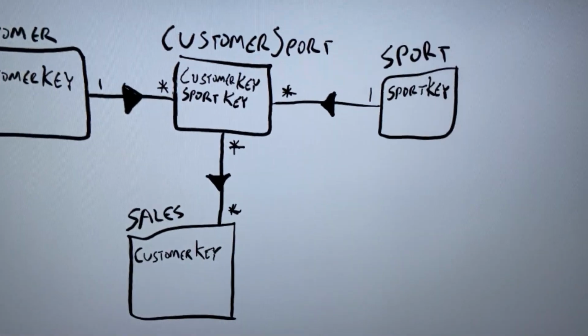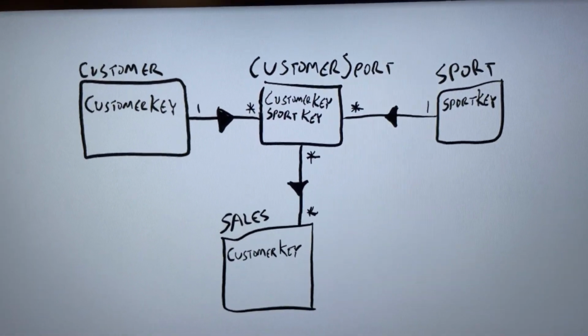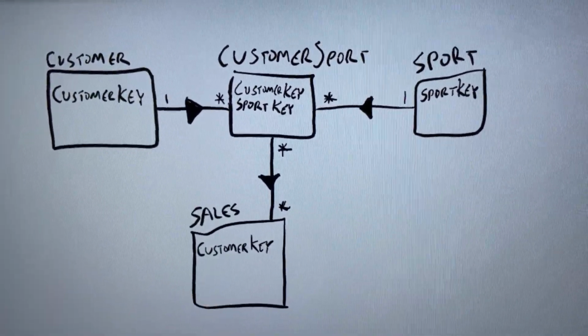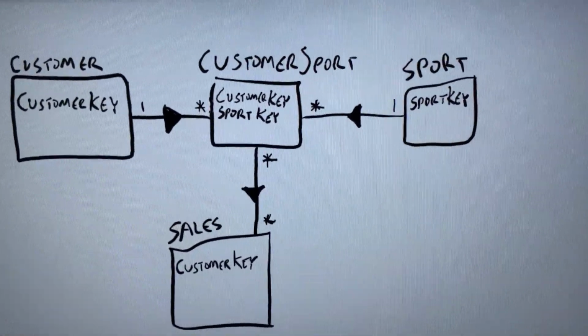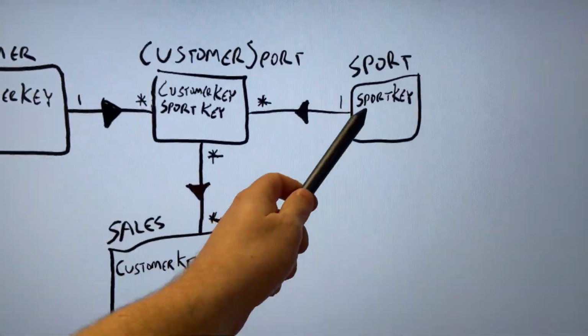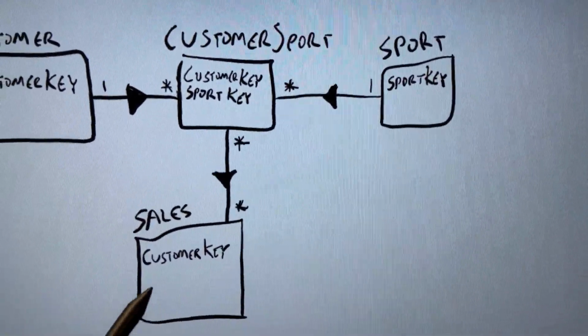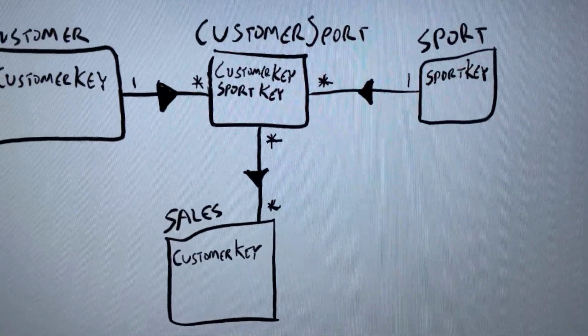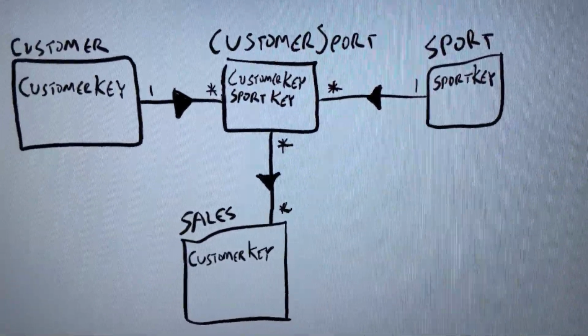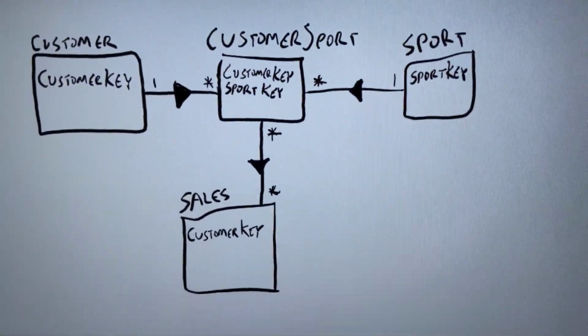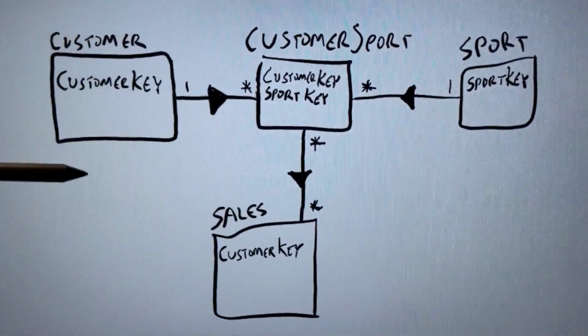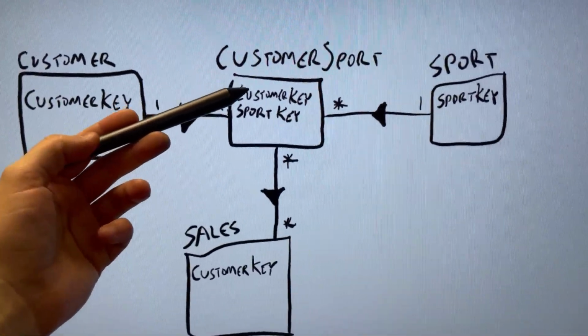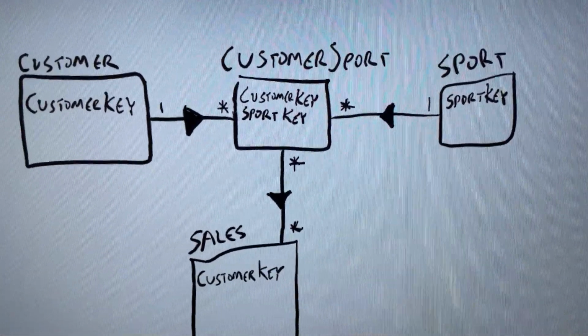Hey everyone, this is Daniel, the Tabular Editor guy, and I have a question for the SQLBI team. So I read the recent article about many-to-many modeling in Power BI, and I noticed something interesting about this pattern. In the article, the SQLBI team suggests that setting up the relationships this way is a clever way to simplify the diagram and avoid the bidirectional filter. But the drawback is that when there's a direct filter on the customer dimension, that filter will now have to propagate through the customer sport bridge table.